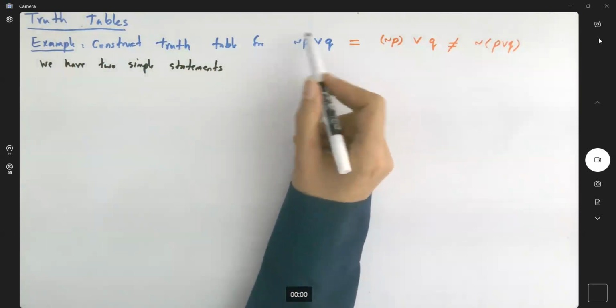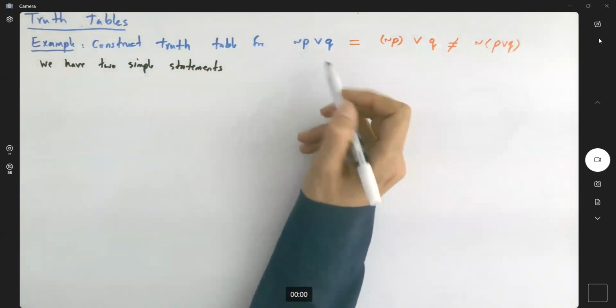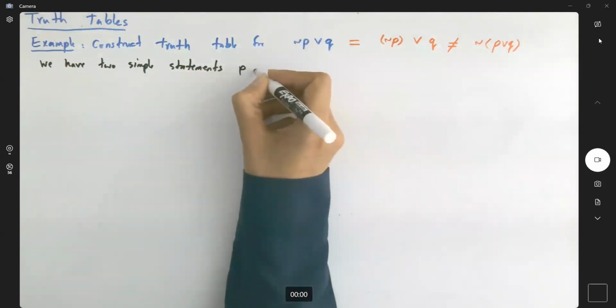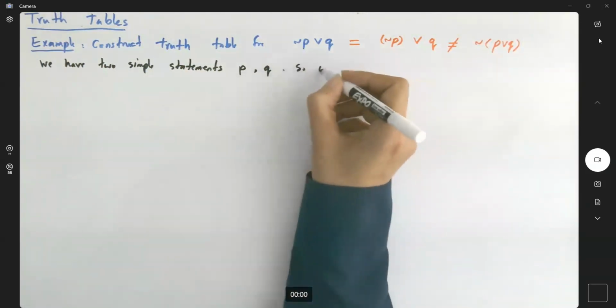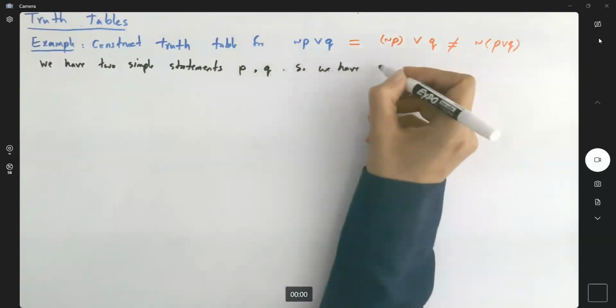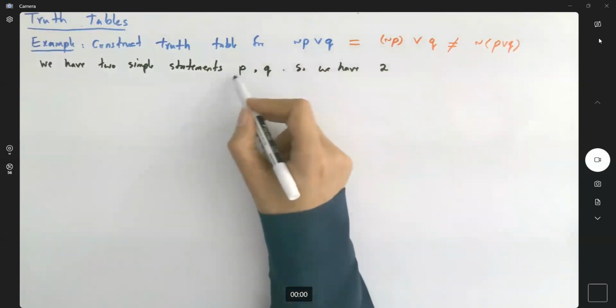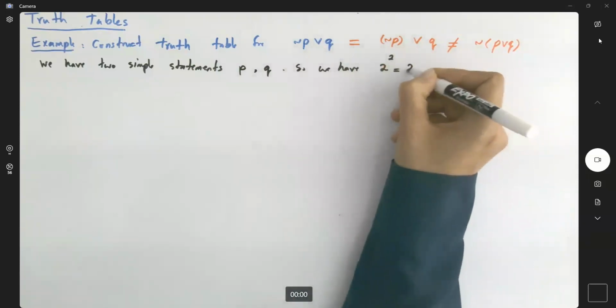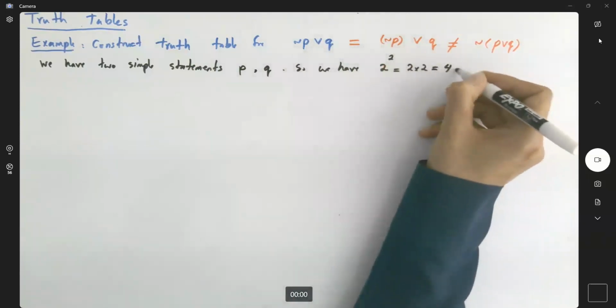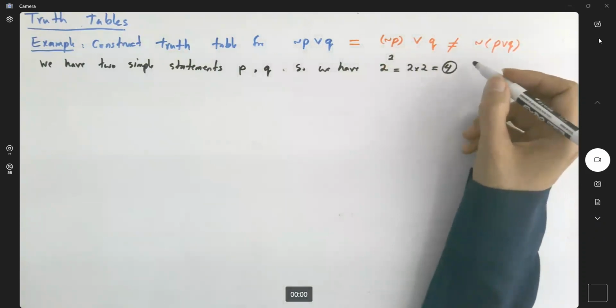It's what we learned as a compound statement. So how many combinations do we get? So we have 2 to the second power. Here we have 2 statements. 2 to the second, or 2 times 2, or 4 combinations, or 4 rows.